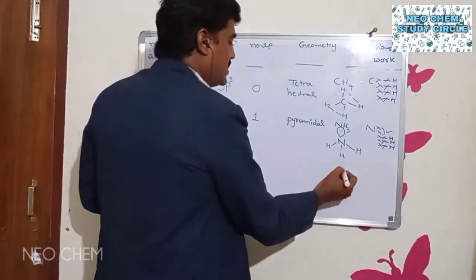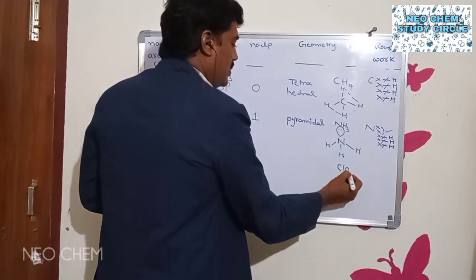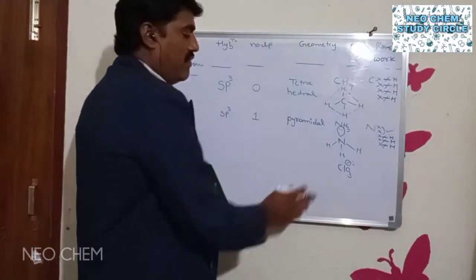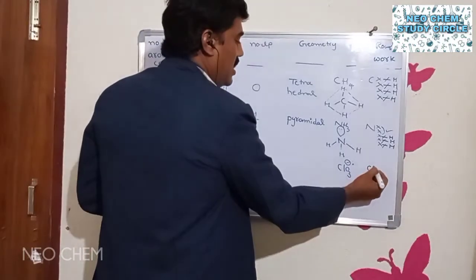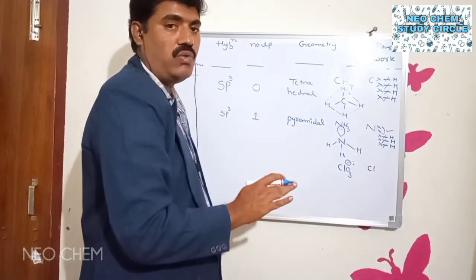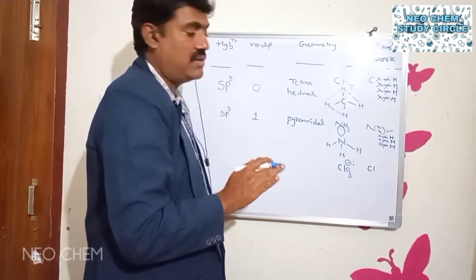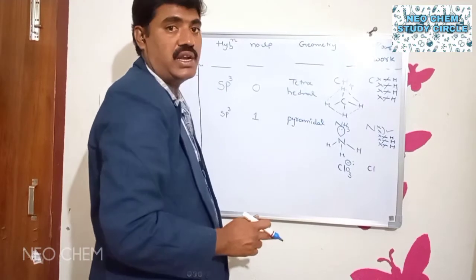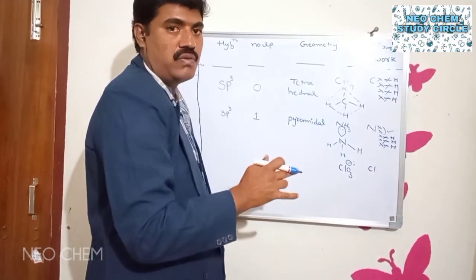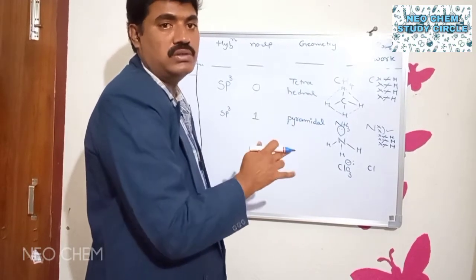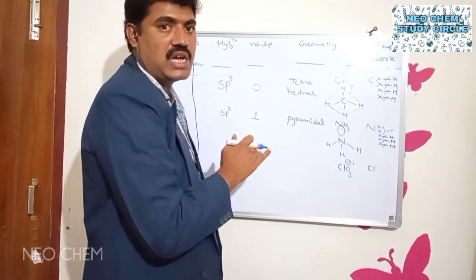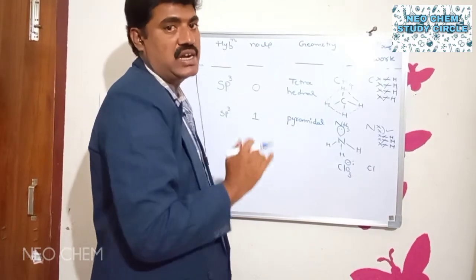Okay, one more example. ClO3 minus, chlorate, where the central atom is chlorine. Chlorine belongs to the 7A group. Actually, it should have 7 valency electrons, but one negative charge is there. Presence of a negative charge means the central atom should have 1 electron more than its group number. That's why now the Cl minus ion should have 8 electrons.